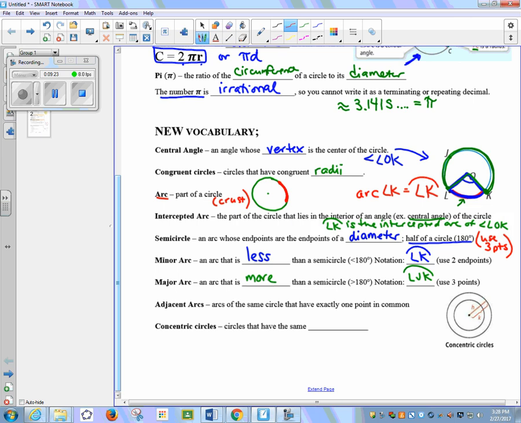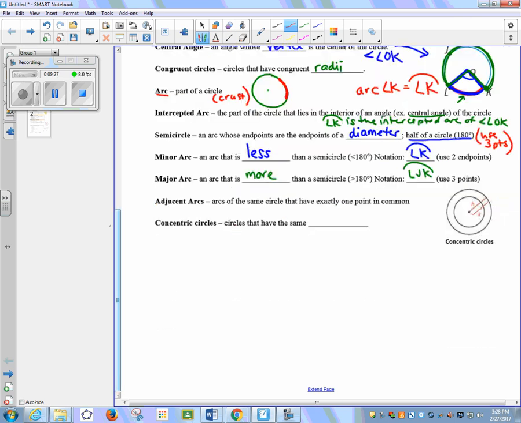Okay? All right, adjacent arcs, you know what adjacent means, right next to each other. Adjacent arcs are arcs of the same circle that have 1 point in common. So if I do an arc here and then continue with another arc right next to it, those are called adjacent arcs. And then concentric circles are circles that have the same center.